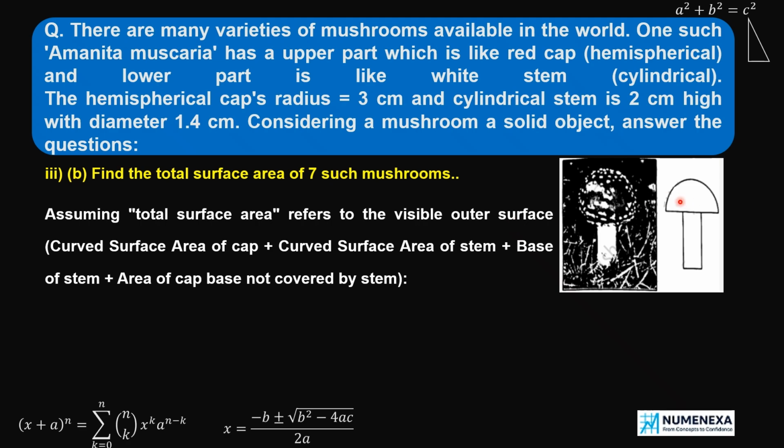So the visible outer surface is this hemisphere, the surface area of this cylindrical stem, and the surface area of this bottom of this cap.